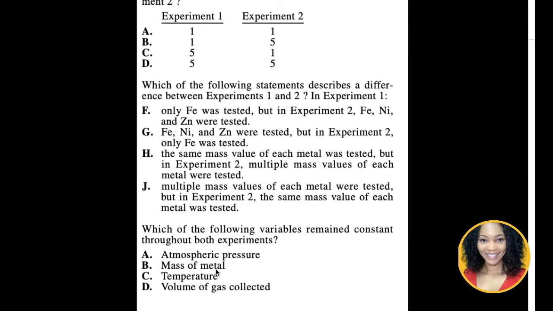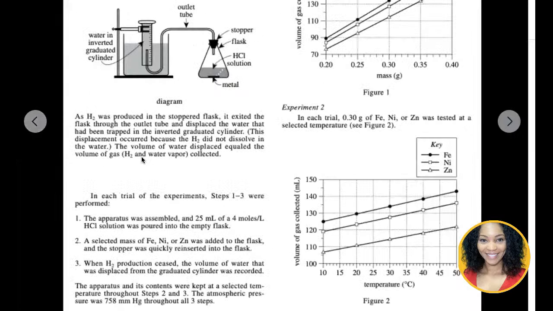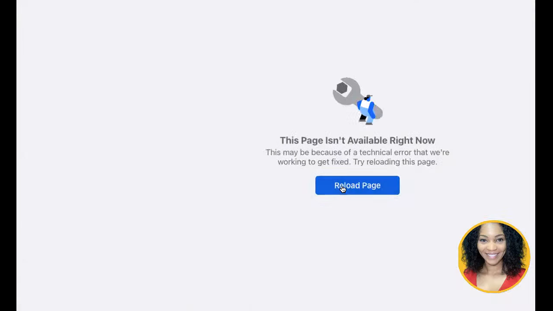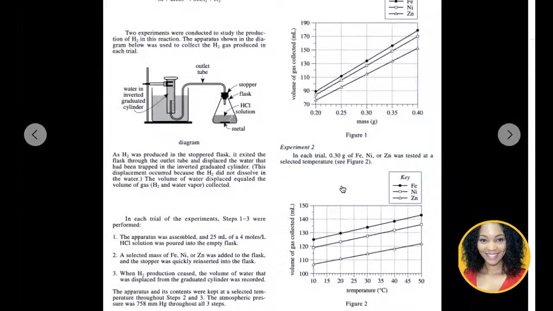Okay, let's check D. Did the volume of the gas collected remain constant? So in experiment 2, the volume, oh wow, right in the middle of a video. Okay, thanks Facebook for flicking out on me right in the middle of doing this live training.